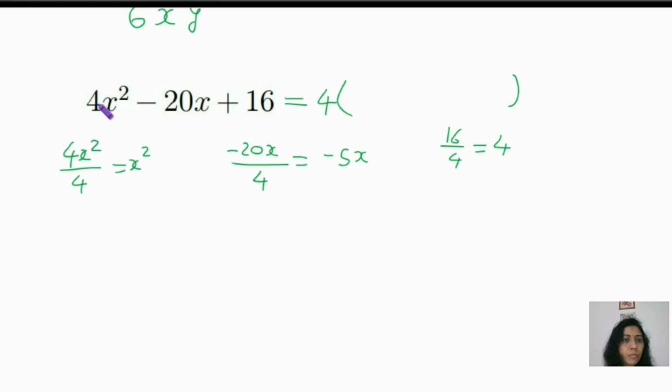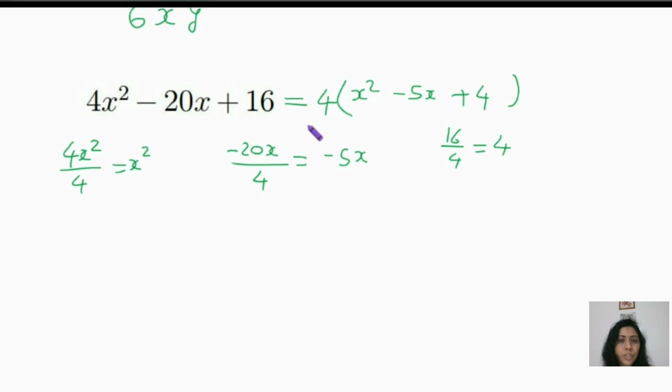Okay, so 4x squared divided by 4, we get x squared. Minus 20x divided by 4, we get minus 5x. 16 divided by 4, we get 4. So plus 4. Okay, this is the answer.